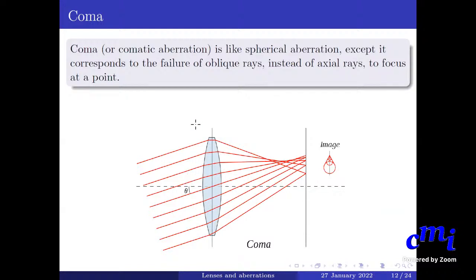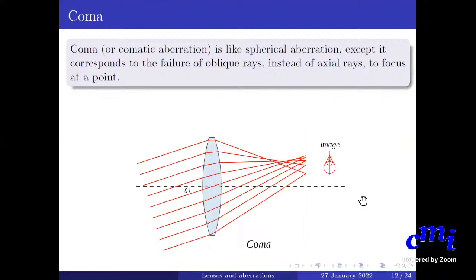Then there is chromatic aberration, which is like a spherical aberration, except that the oblique rays do not focus. Axial rays will focus, but rays that hit the lens in an oblique manner do not focus. So the image appears something like this, like a cone.